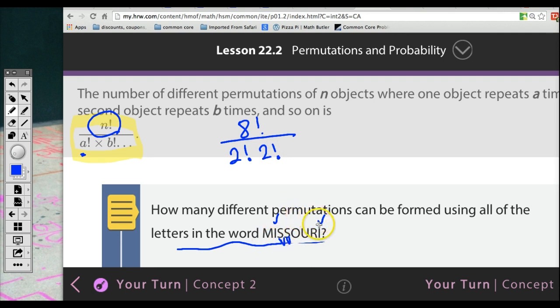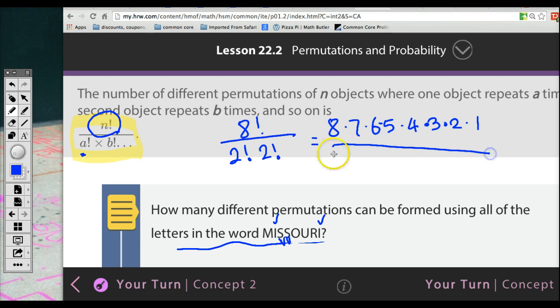So in how many different ways can we move the letters around and make sure that they look different? You just have to solve this. So 8 times 7, 6, 5, 4, 3, times 2 times 1, over 2 times 1, times 2 times 1.